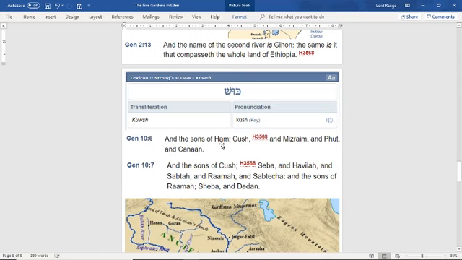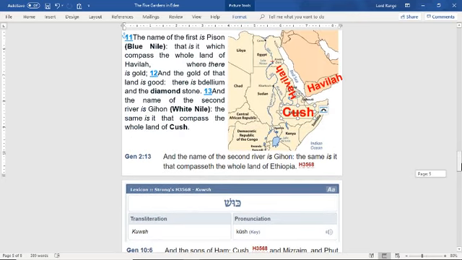So it says the sons of Ham. So Noah had 3 sons, Ham, Shem, and Japheth. Now it's getting into the children of Ham. It says Cush, Mizraim, Put, and Canaan. So now when you scroll back up here at this map, it actually makes a lot of sense when you read the scriptures. Basically, you have the descendants of Ham, you have Cush, you have Mizraim, which is Egypt.